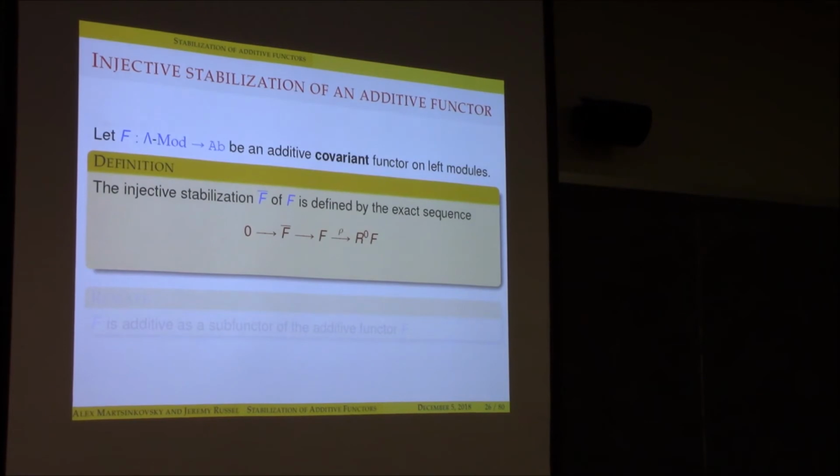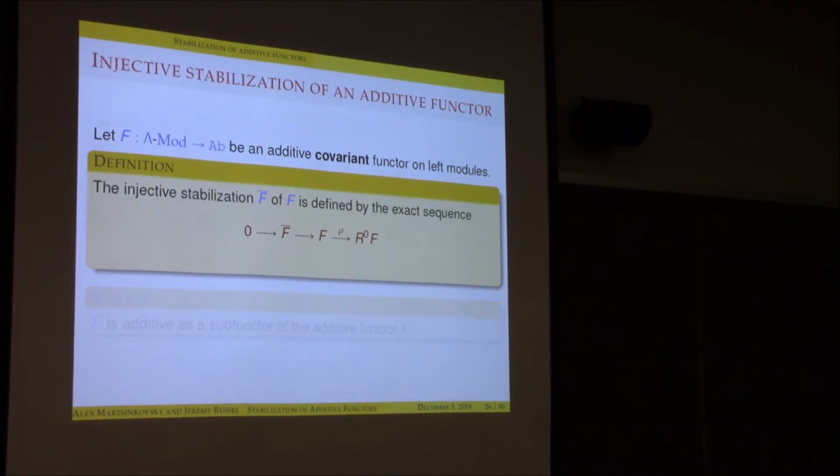Why is it called the injective stabilization? Well, I think we should thank Heller for this. Because this rho, and I should have had rho sub f here, I apologize, is an isomorphism on injectives, this functor vanishes on injectives.